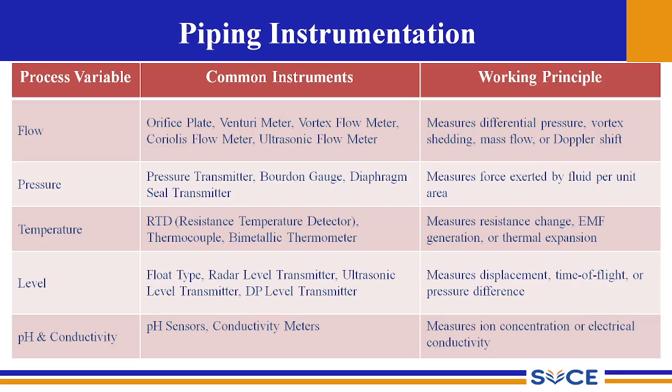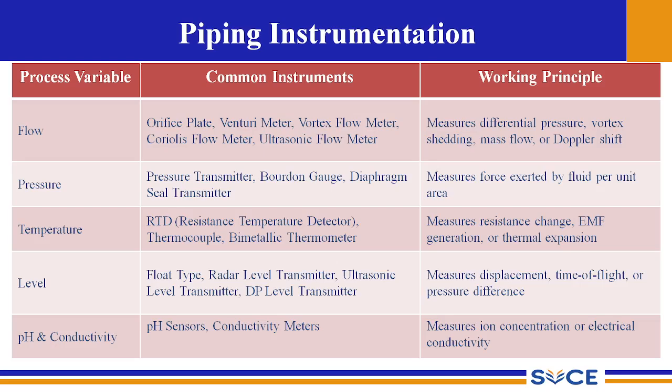Next is the process variable of temperature. The common instruments that will be used to measure the temperature are the resistance temperature detector, that is RTD. Then we have the thermocouples and bimetallic thermometers.